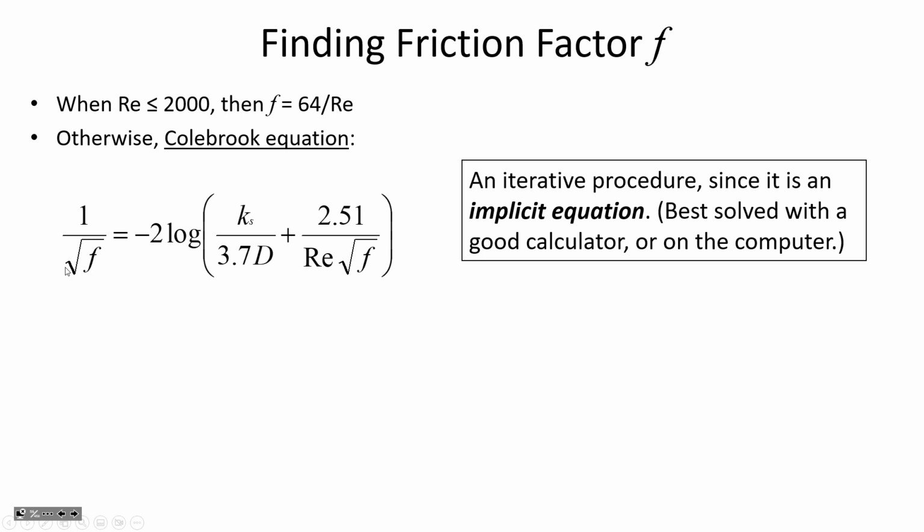We have to begin with some guess value of F and check the left-hand side and the right-hand side and see if it balances, and if not, we change our guess, and eventually we can find the F value that applies using the Colebrook equation. But you need a good calculator or a computer. I was going to bring a good calculator to show you what it looks like.